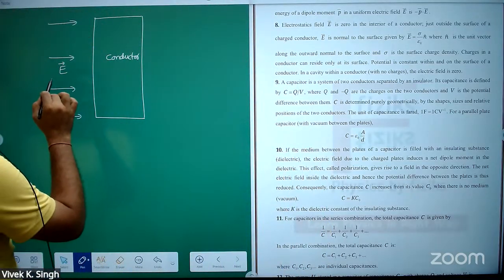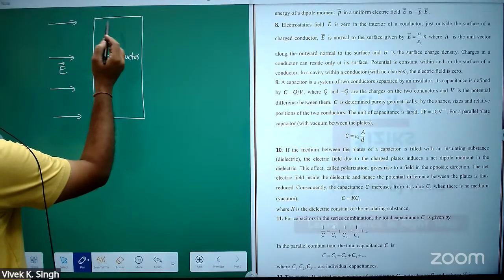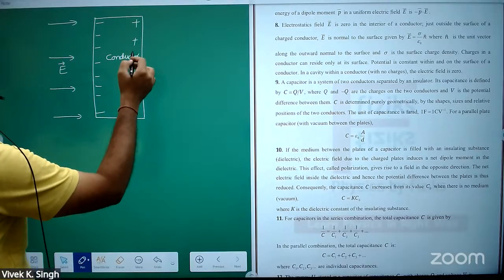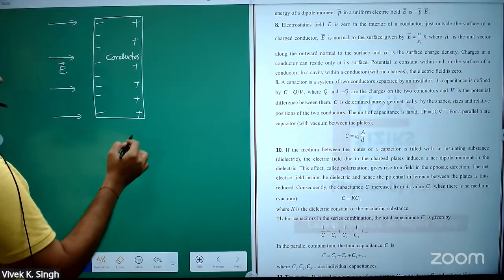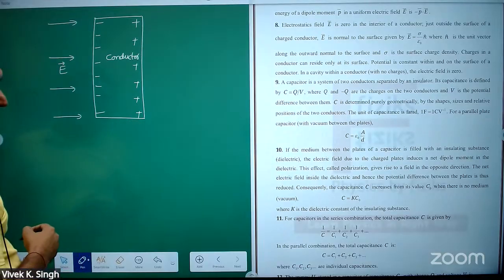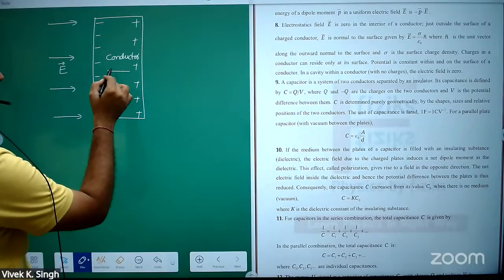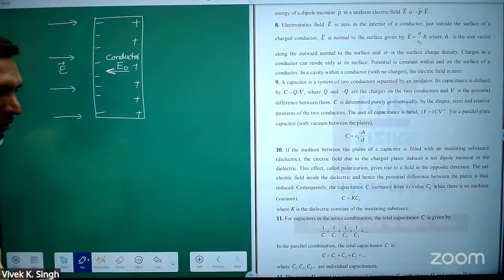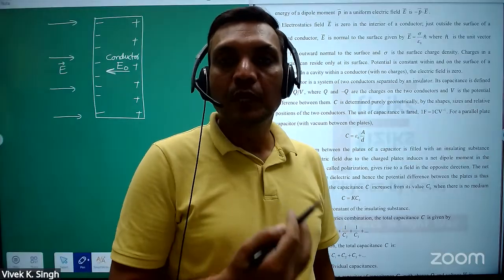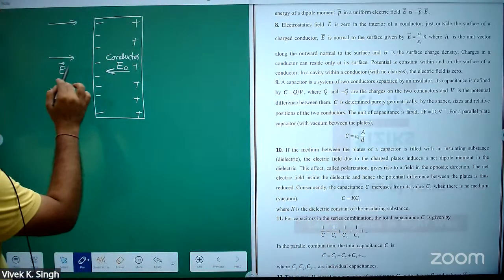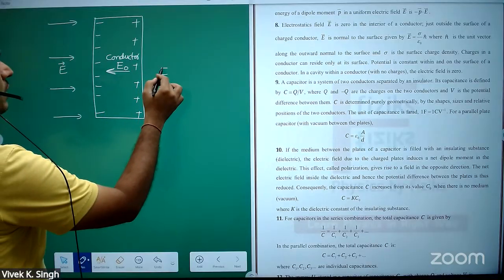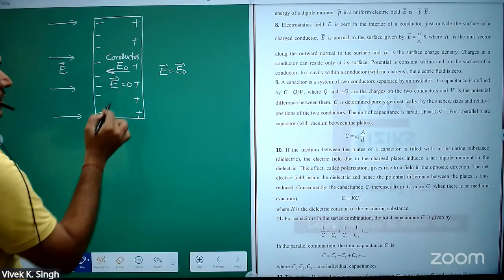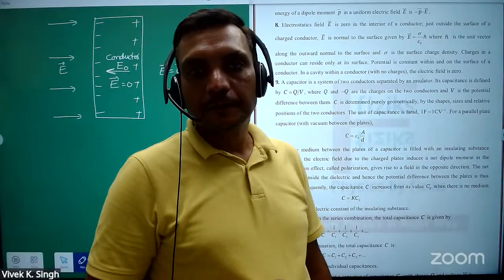When this is placed in an external field, the free electrons will shift towards this side, and the positive nuclei will shift towards this side. As a result, there will be development of an electric field opposite to the external field. So charge accumulation will keep on increasing until E is equal to E naught. When E is equal to E naught inside the conductor, the resultant field will be 0. So that is the case of a conductor.